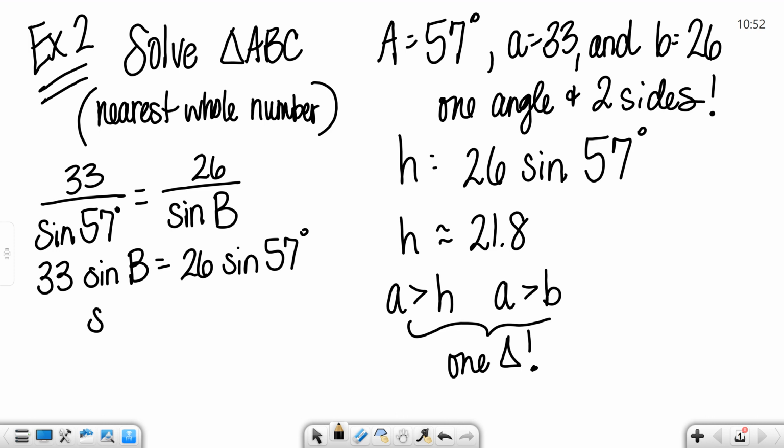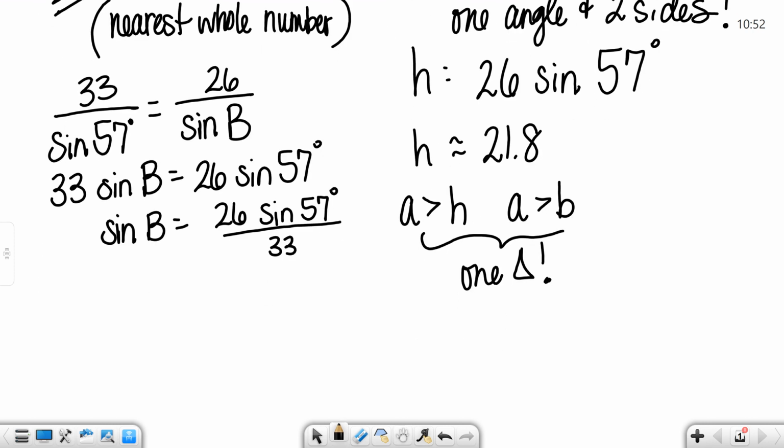Now I want to divide both sides by this 33. Now we're going to see how much you remember from before. How do I get B alone? You don't divide by sine. We're looking for some angle whose sine is that decimal over there.